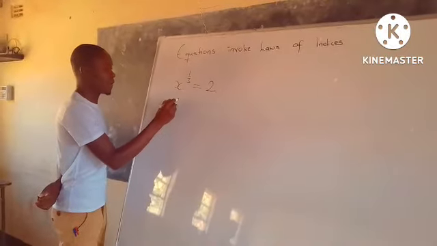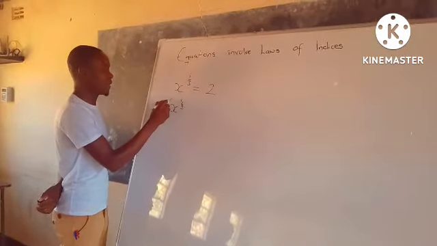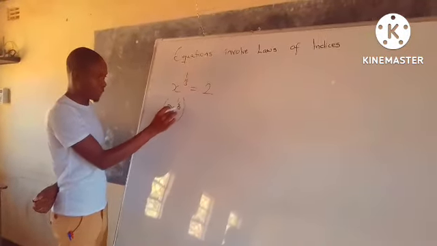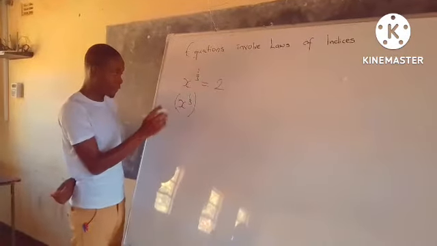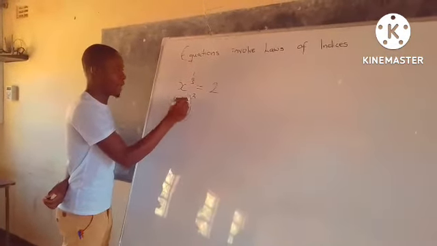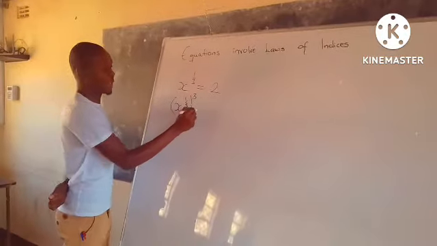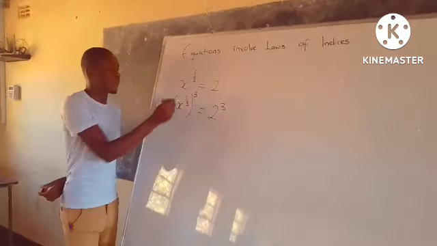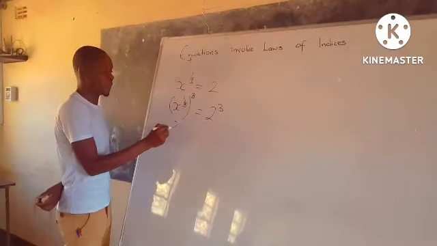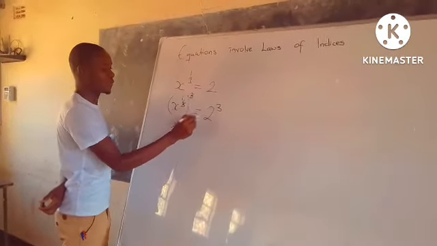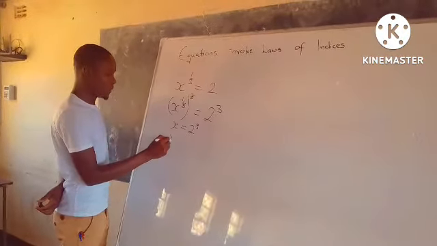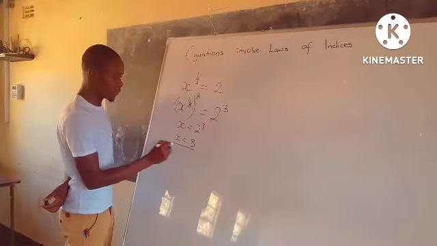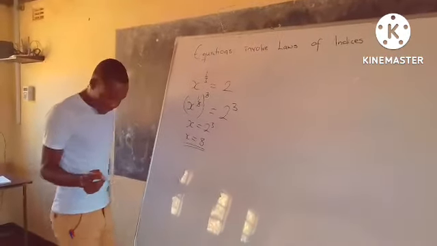So x to the power of 1/3, I want to remove 1/3 so that I can get exactly the value of x. So I remove it by raising to the power of 3. And we know the powers cancel, and we remain with x is equal to 2 to the power of 3, which means x is equal to 8.